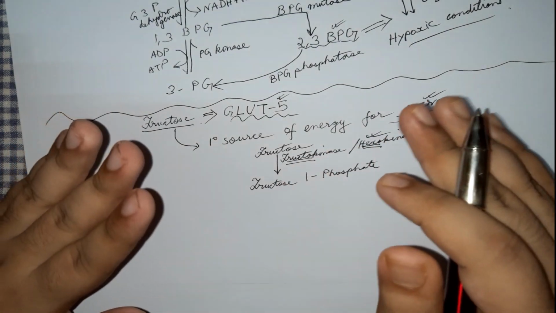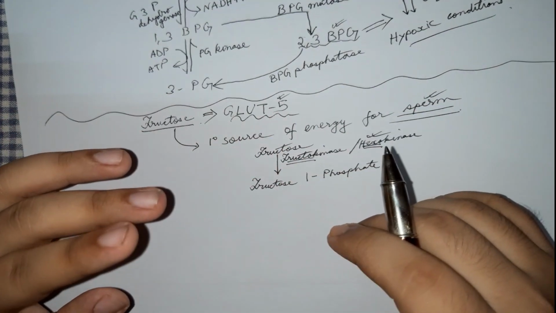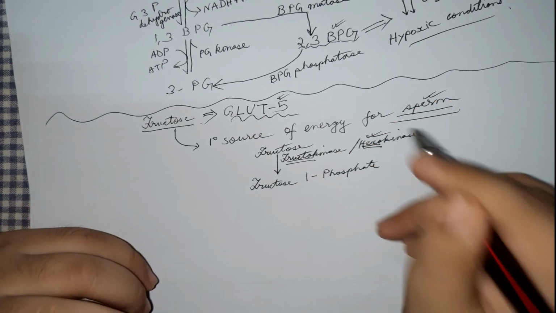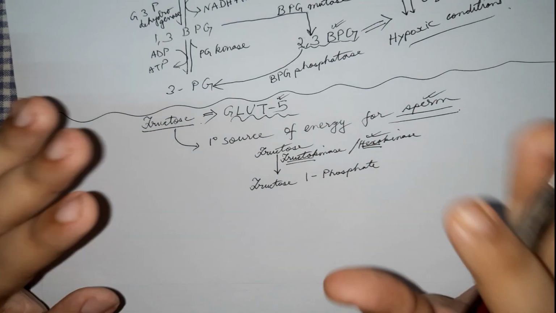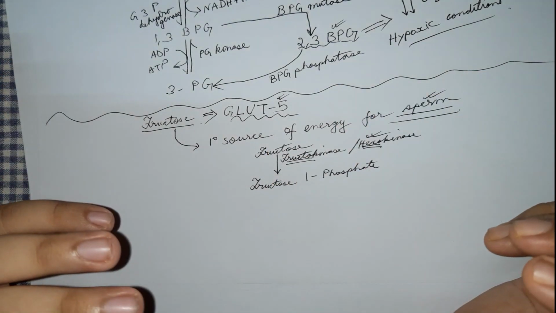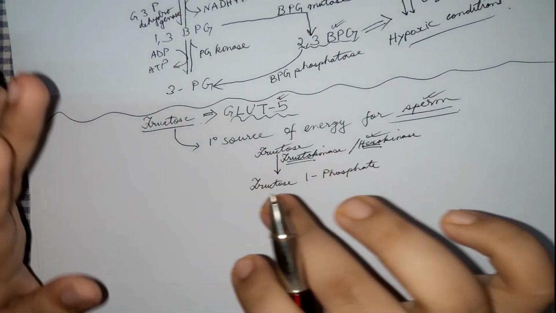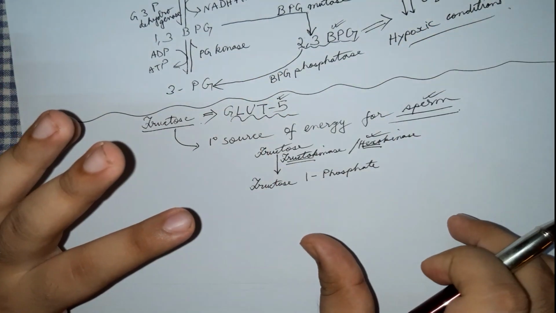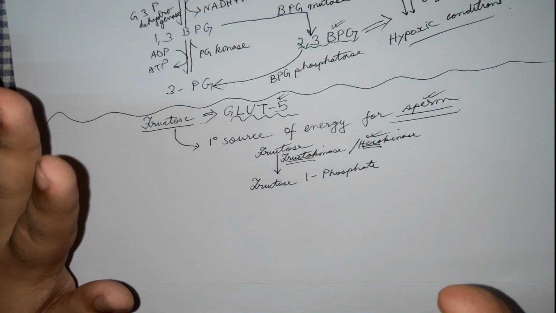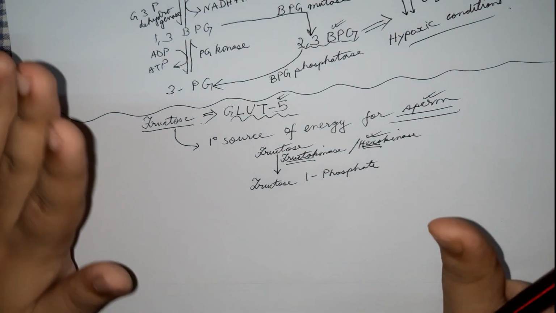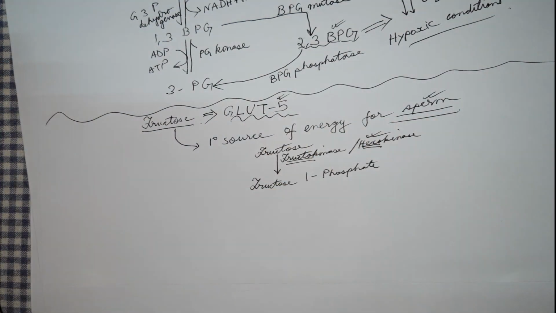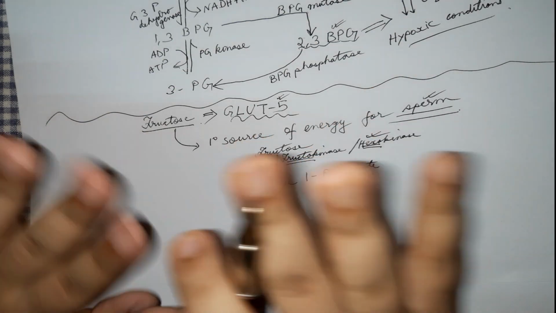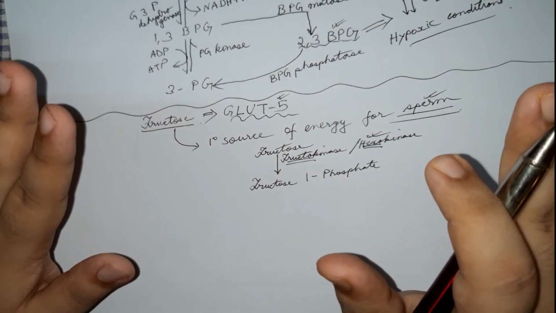In fact, let me break the suspense right here: in galactose also, hexokinase is a phosphorylating enzyme apart from galactokinase. So all three monosaccharides follow the same trend of phosphorylation at the beginning of their metabolism, and their phosphorylating enzymes are very similar.